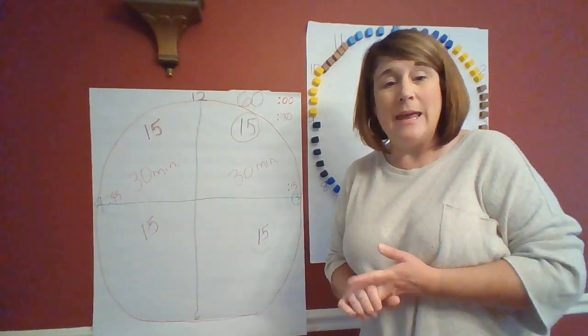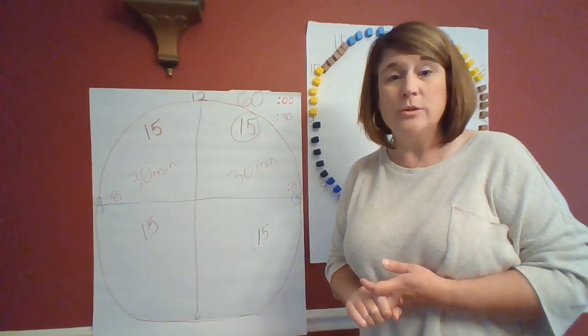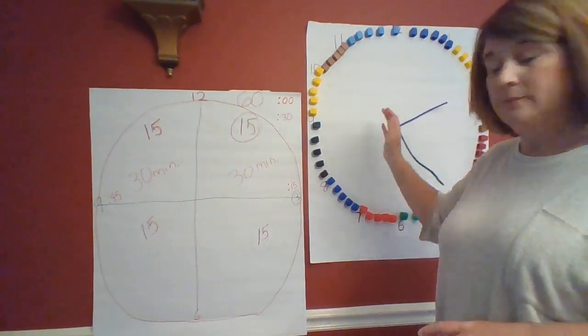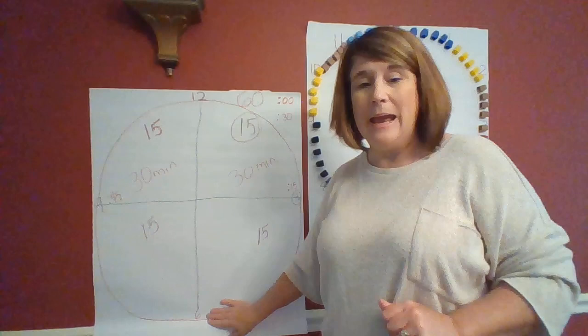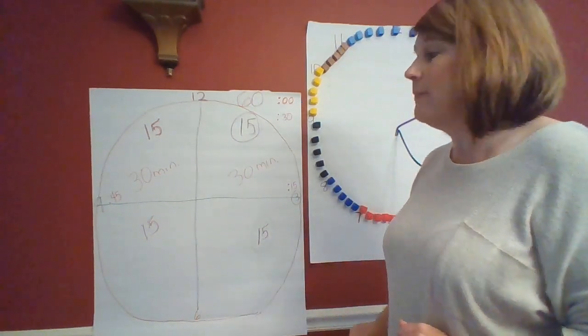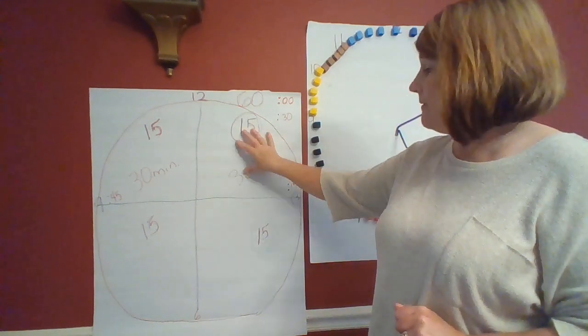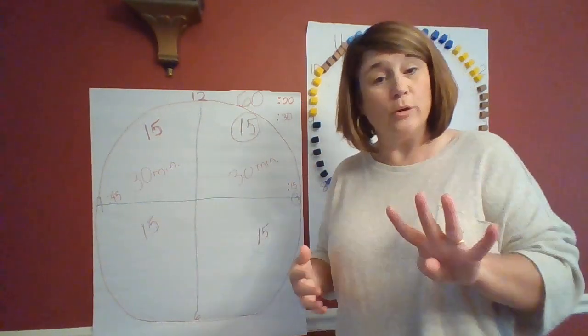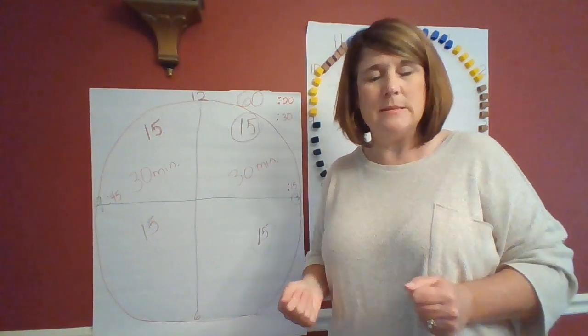So today we have talked about taking that full 60 minutes, dividing it in half for 30 minutes, and then taking those halves and dividing it into 4 equal parts or 4 quarters of an hour, 15 minutes.